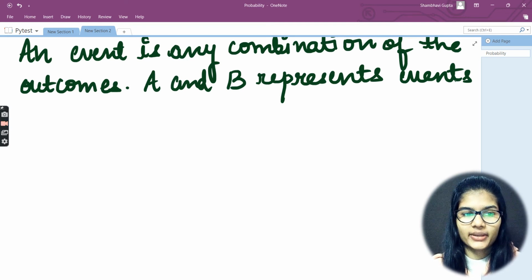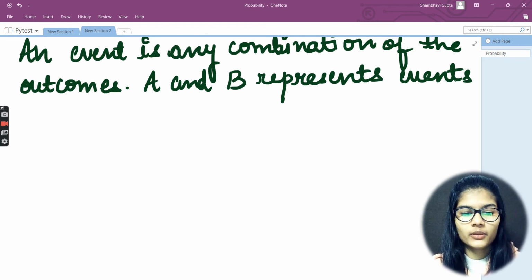Let's say I take an example. There is an experiment in which you have to flip one fair coin. Now event A might be getting at most one head.